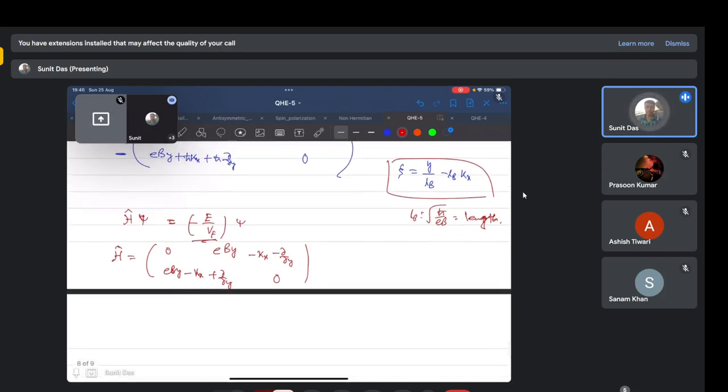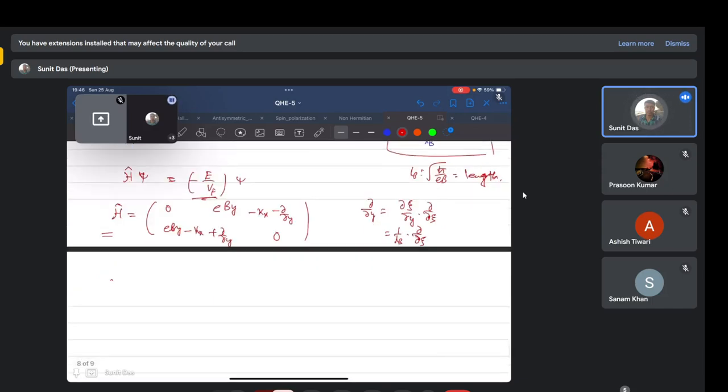Now we want to write this Hamiltonian operator in terms of xi. For that, del y is simply del xi by del y times del xi, right? You can write this by chain rule. So del xi by del y is simply 1 by lB, and then this is del xi.